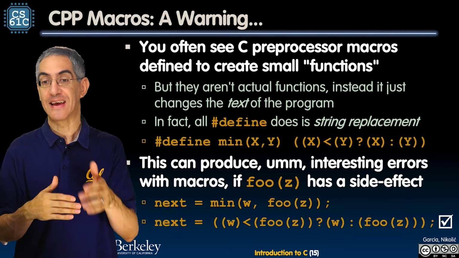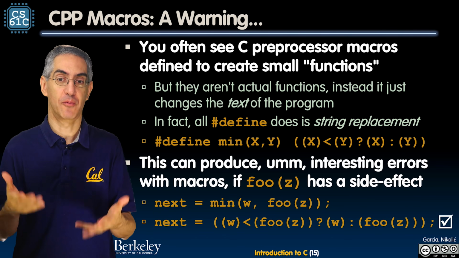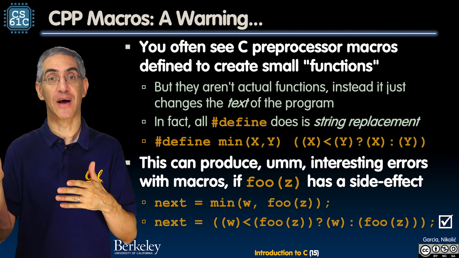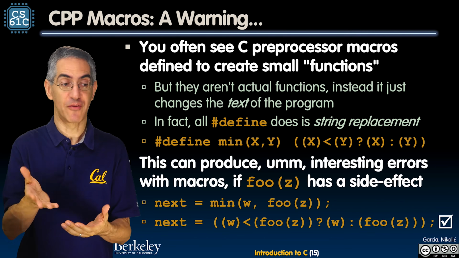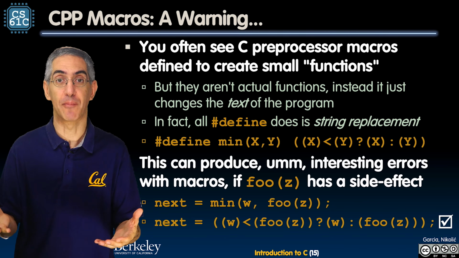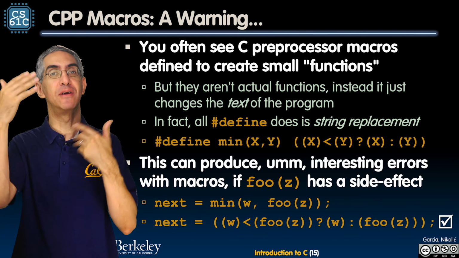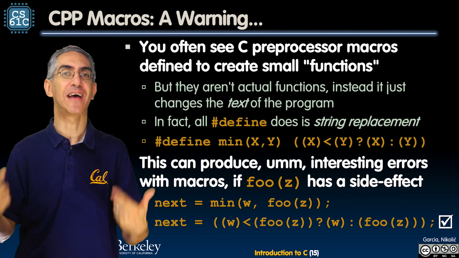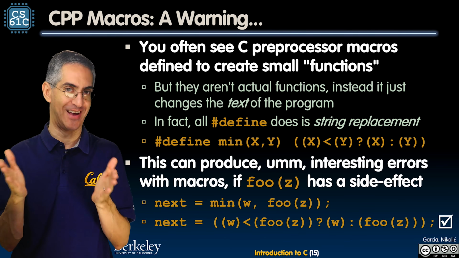And if foo_z happened to win the smaller value competition, since we're looking for the min, then foo_z gets called again to return its value, and hello world gets printed twice. Very simple case, but you can imagine any side effects in this very simple case of min. So be careful with macros is the point of this slide.